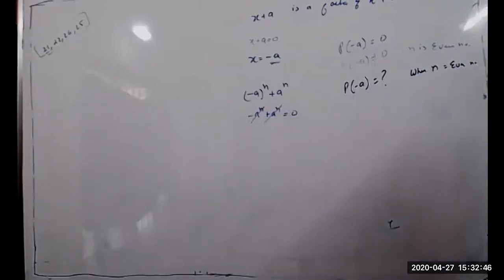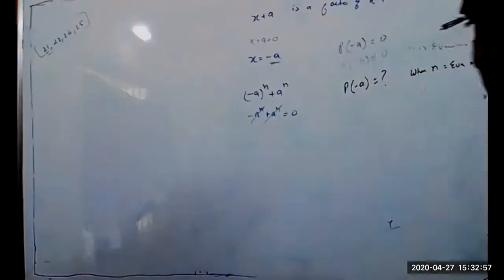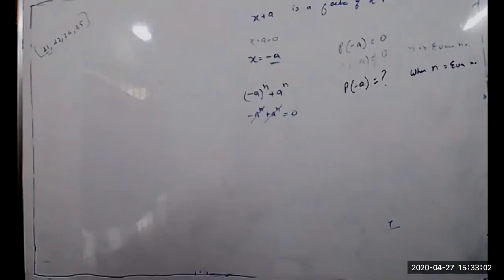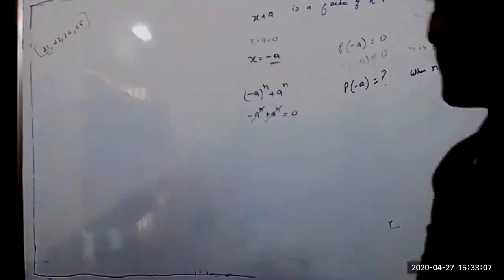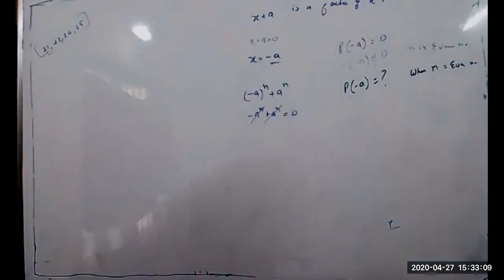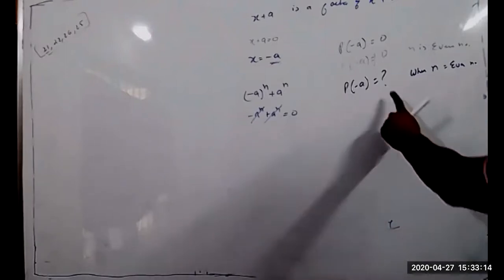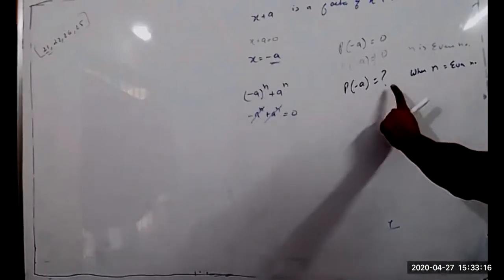You said when n is odd, it is equal to 0. I agree. But when n is even, what is the value? Anybody, please raise your hand. Sir, is it something with quadratic equations? No, sir, nothing quadratic. It's straightforward. I have written it on the board. Sir, if the number is even, then both the numbers, for example, 2 squared. Aditya, now tell me the answer.